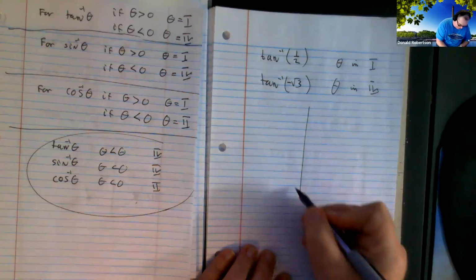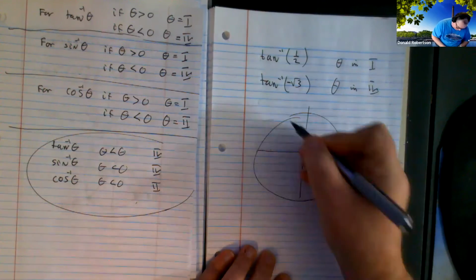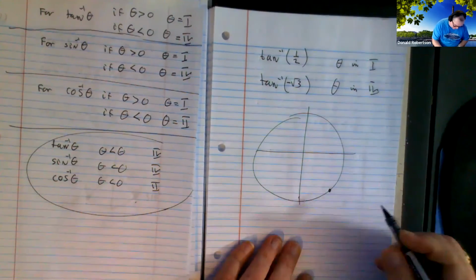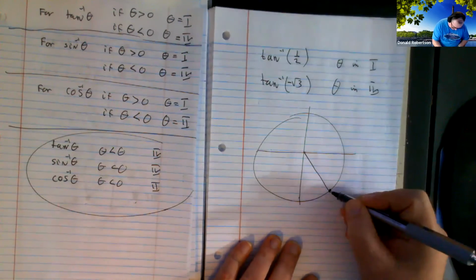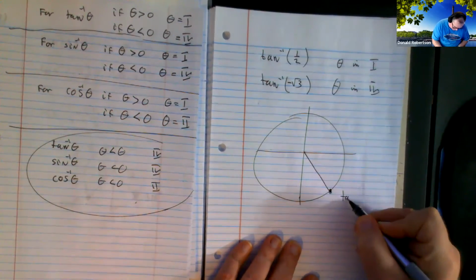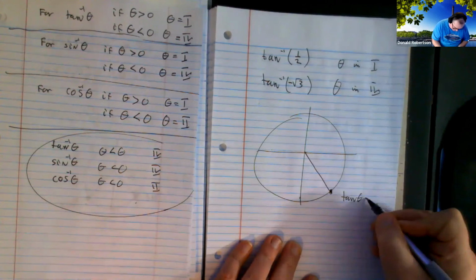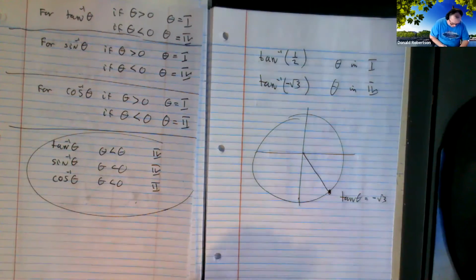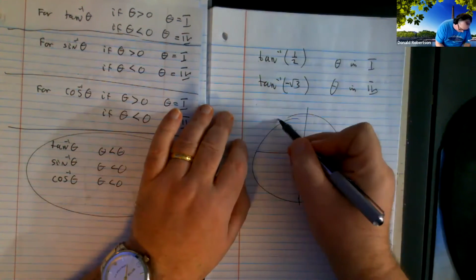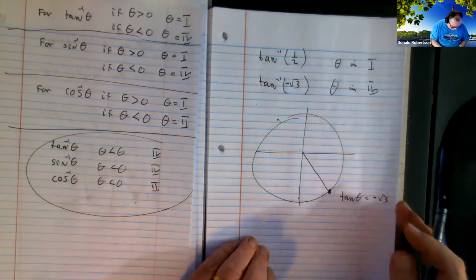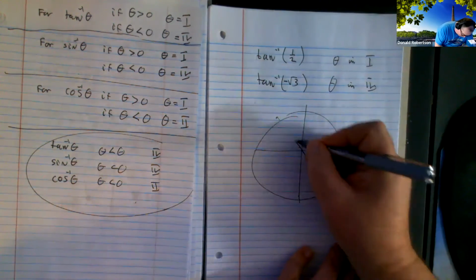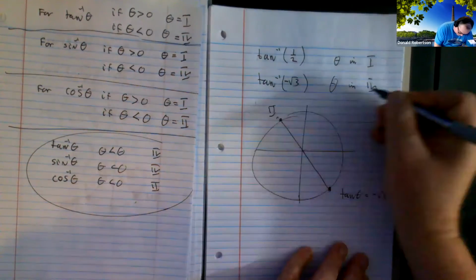So if you imagine your unit circle and you go down here into the fourth quadrant, won't there be an angle here where the tan of that angle theta is -√3? And there's another one up here in the second quadrant.